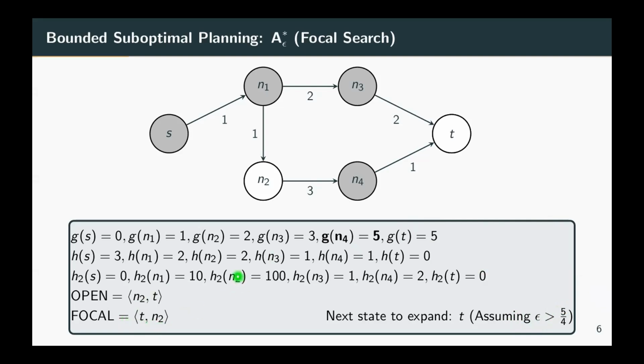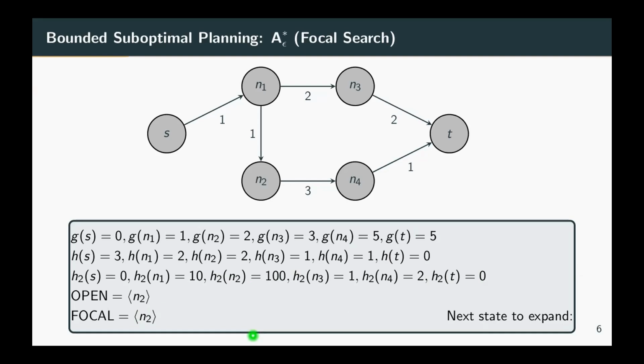And now we again have to look at the focal list, which is ordered by H2. So H2 of N2 is 100, H2 of T is 0, which means the best value or the lowest value in the focal list will be T, and it will be first. And that means the next state to expand will actually be T. And then we're basically done, because once we expand the target, we found a solution.